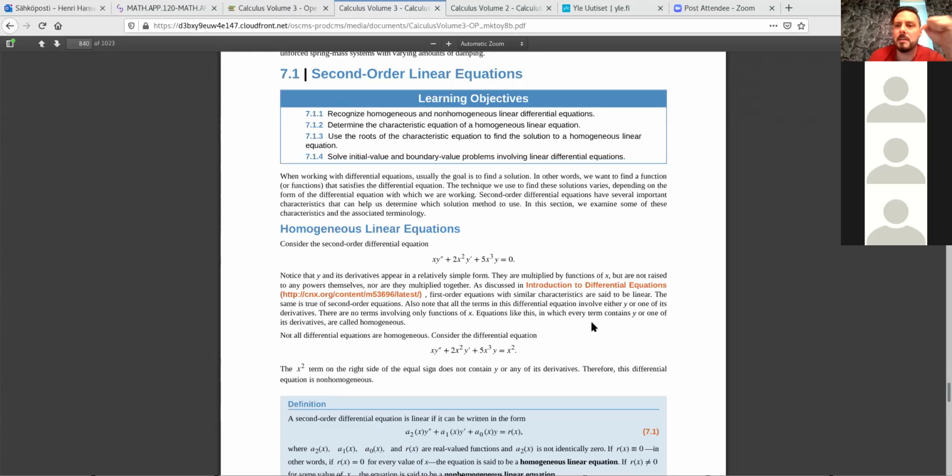What I mean by this is, if you have a general solution to this, no matter what it is, let's say some f of x that satisfies this, if you put f in place of y and it satisfies this homogeneous equation, and then you have some g of x, which satisfies this non-homogeneous version, then f of x plus g of x always satisfies this.